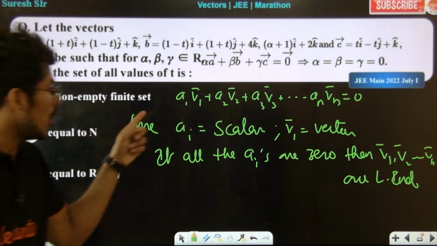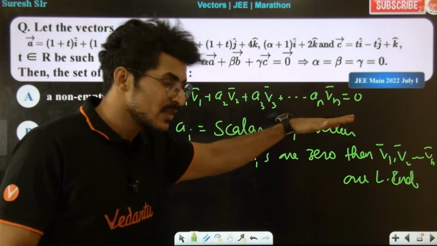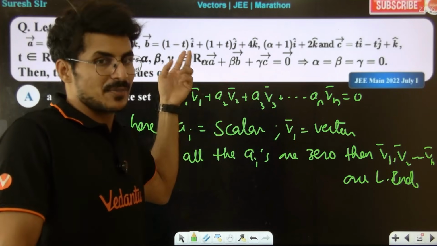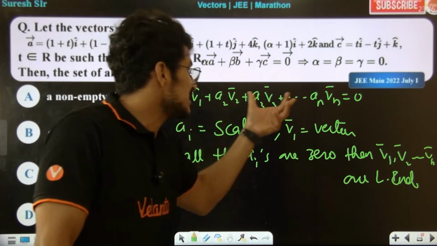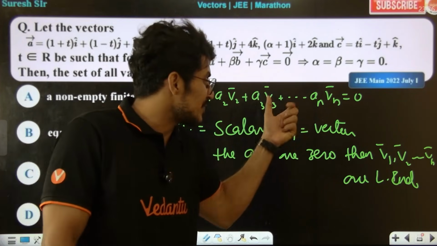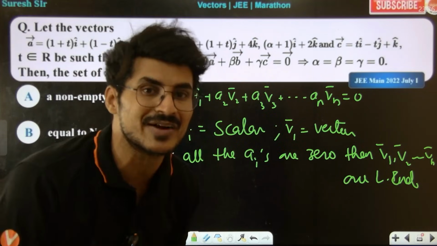When? When the condition given is a1 into v1 plus a2 into v2 plus a3 into v3, scalar into vector plus scalar into vector, equals 0. So when can you say v1, v2, v3 are linearly independent vectors?